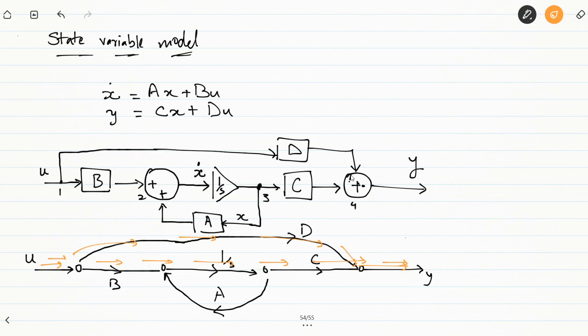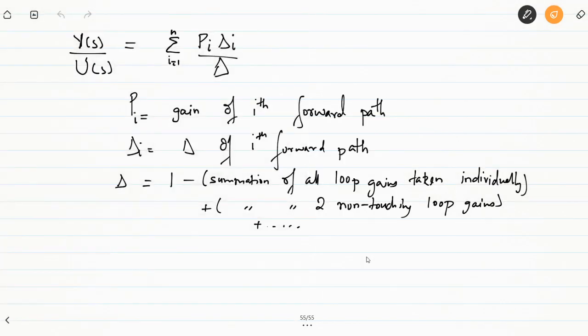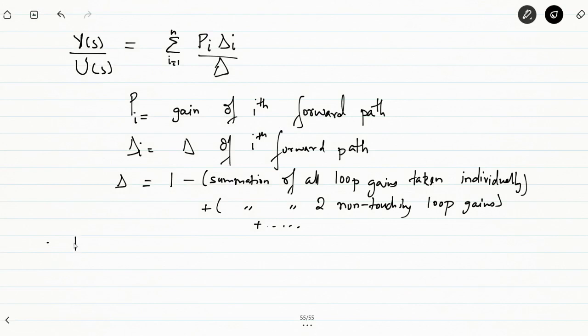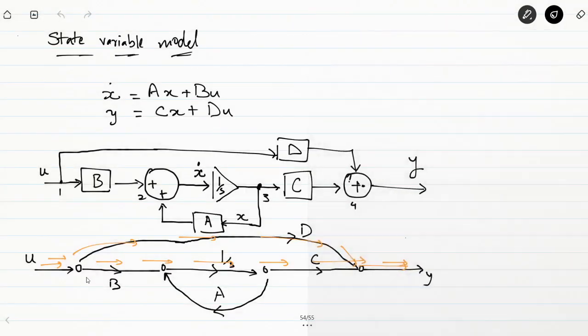We can traverse the path u to y through two directions, and the gain of these two paths, therefore, you have p1 equal to the forward gain of path number 1, that will be b into 1 by s into c.